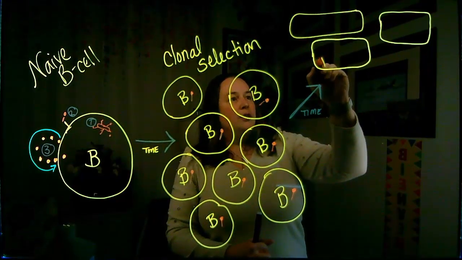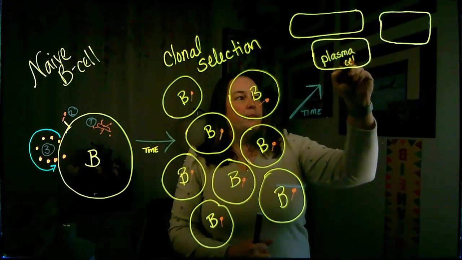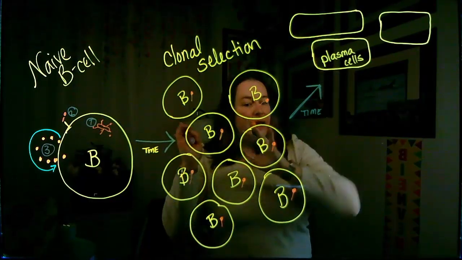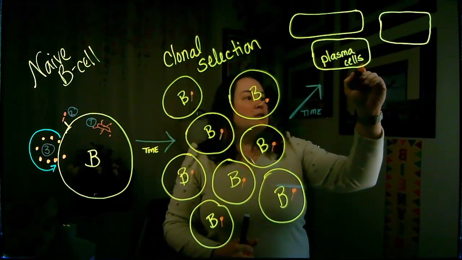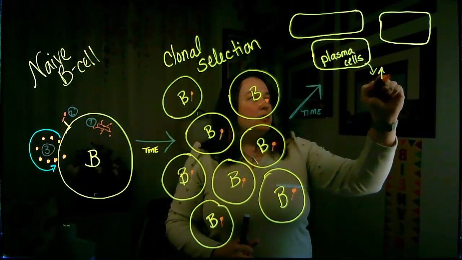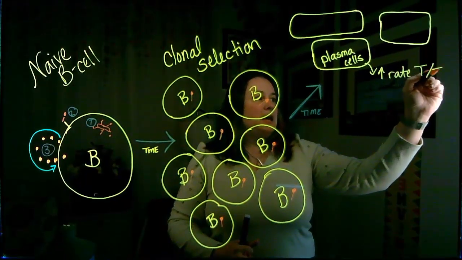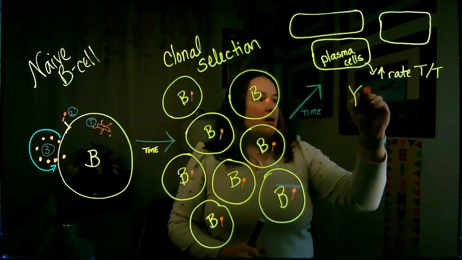And we're going to call these cells, at this point, plasma cells. These B cells came from the clonal selected army. These B cells are going to start increasing the rate of transcription and translation. We'll put T and T for transcription and translation. And they're going to start to crank out antibodies.